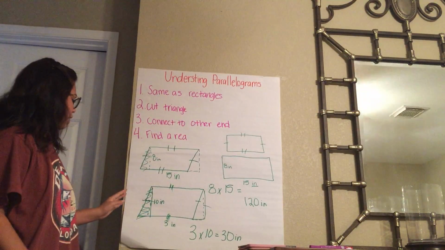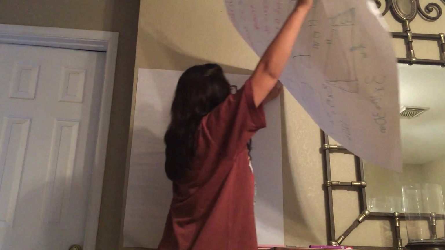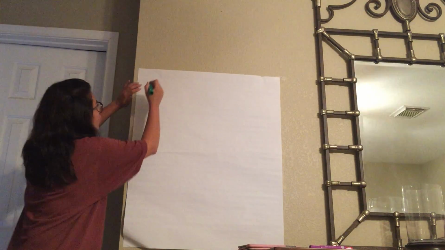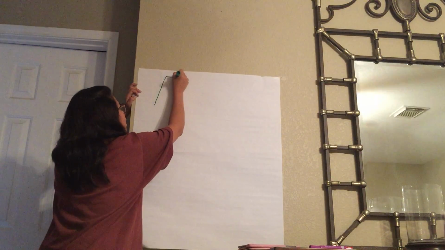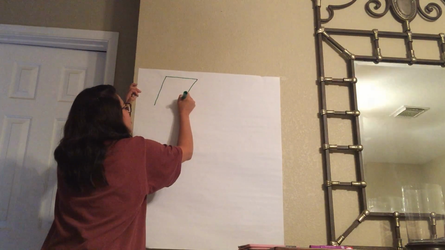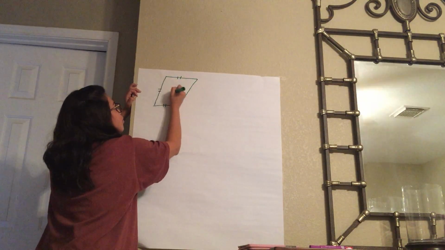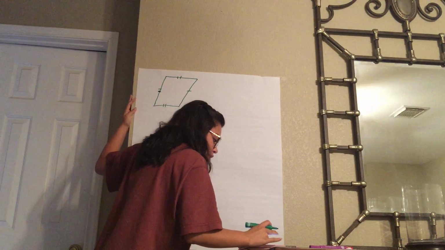All right, let's try a few more examples. Okay, we're gonna try one more. And the shape is going to look like this. It's gonna be a smaller parallelogram, but they're still gonna be parallel to each side.